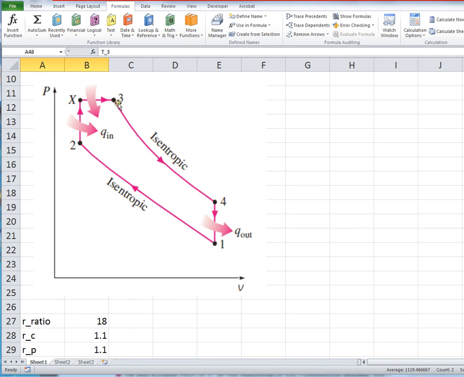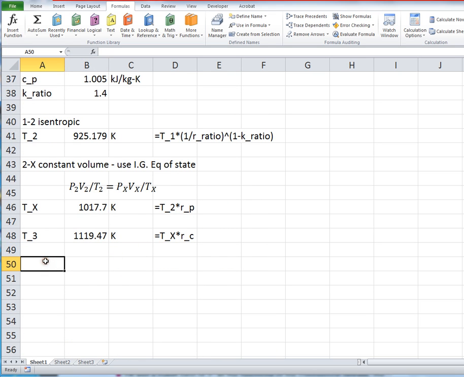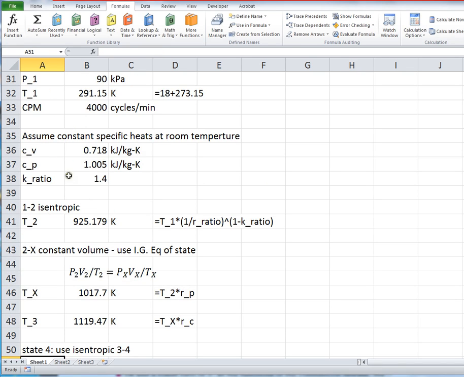And now finally, to find the state 4, we'll use this isentropic process. And so a very similar calculation to what we did up here to find T2.